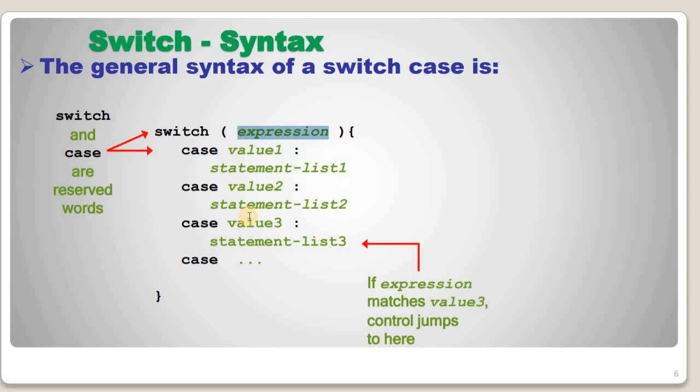So considering that the value of x is 3, the case will check if it's 1, then it will check if it's 2, and when it comes to 3, the control will jump here because it matches the value 3. So this is how your switch statement runs.